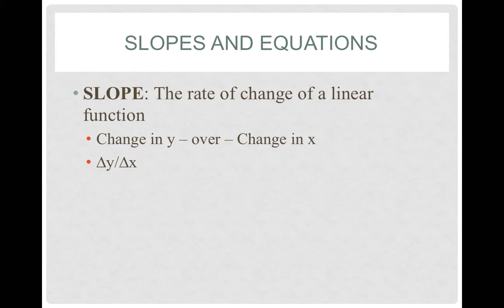Other ways we can say this is delta y over delta x. If you're a science kind of person, you may have heard the word delta before. Delta just means change. So this means the same thing as the line in front of it. This is the delta y, which is change in y, over change in x.